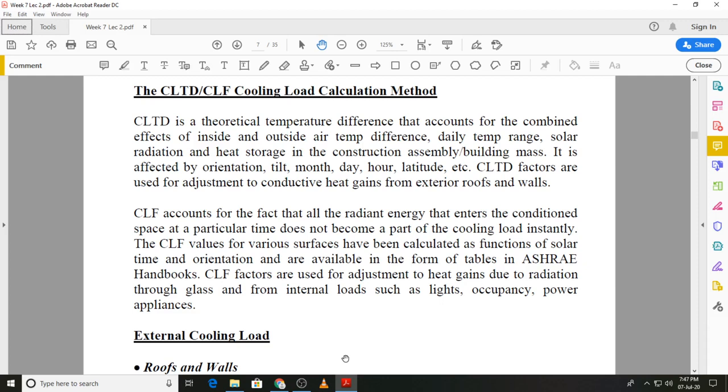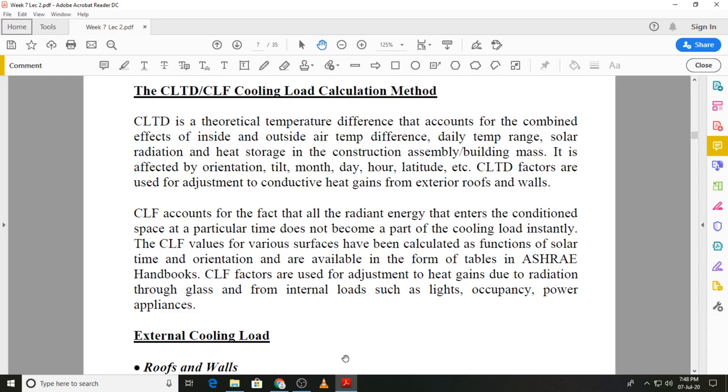That thermal radiation entering the conditioned space does not become part of the cooling load immediately, because the air is transparent to thermal radiation. So that thermal radiation that enters the conditioned space does not heat up the air instantly. First it is absorbed and raises the temperature of the surfaces, then that absorbed heat is convected away by the air. So there is a sort of time lag, and to account for that factor we need the cooling load factor.